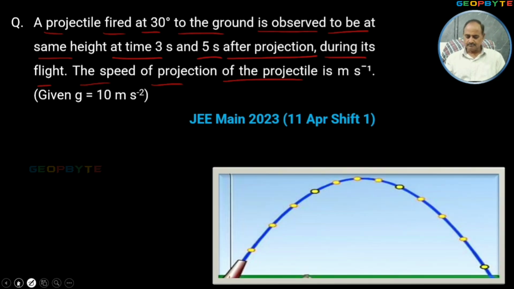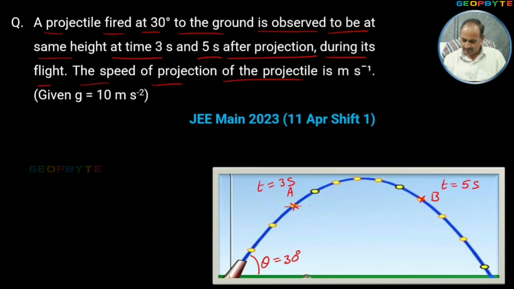For that, look at the projectile. The projectile is projected at an angle theta equal to 30 degrees. Let this be the location A of the particle after t equal to 3 seconds, and this may be the location B of the particle after t equal to 5 seconds.